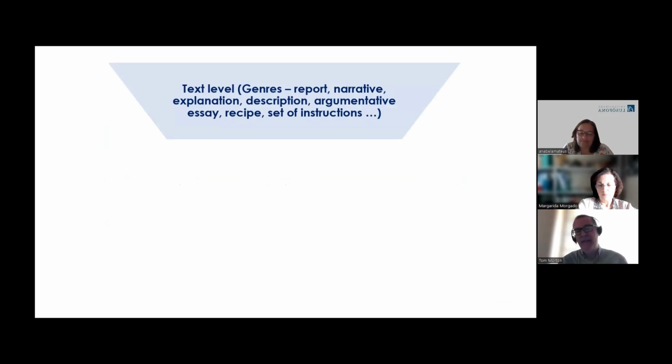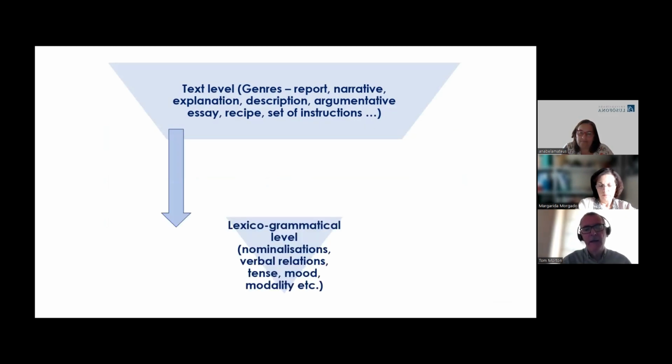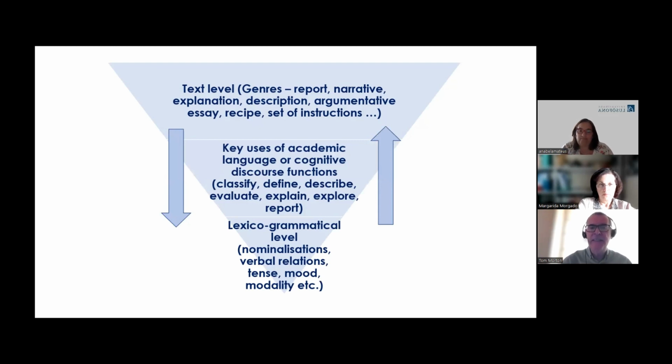In the terminology, we can refer to whole text types as being genres: report, narrative, explanation, etc. Then we can think about the lexicogrammatical level: nominalizations, verbal relations, tense, mood, etc. So in teaching subjects, we have texts, which is the bigger level, and we have specific language features. CDFs can fit in the middle here, okay?